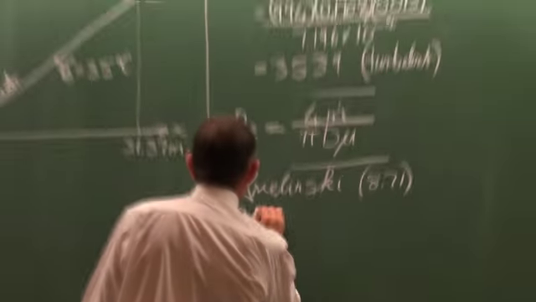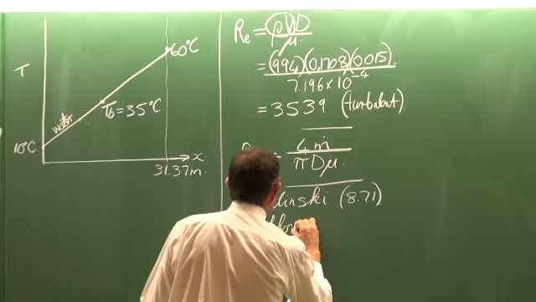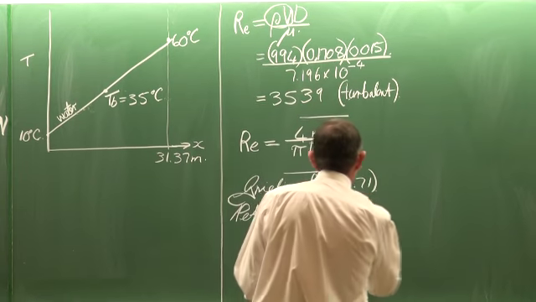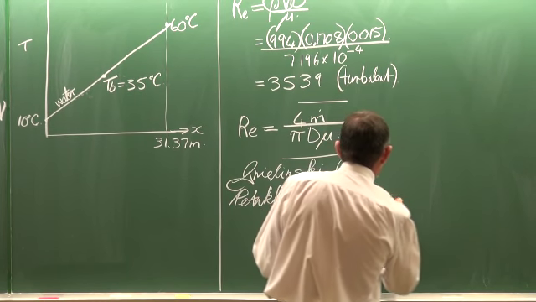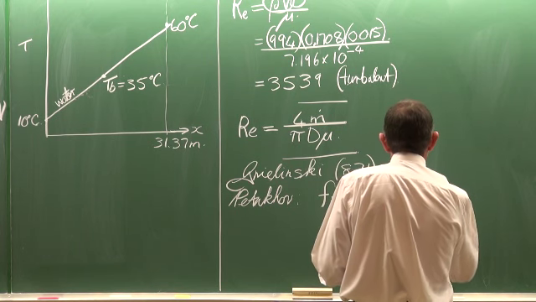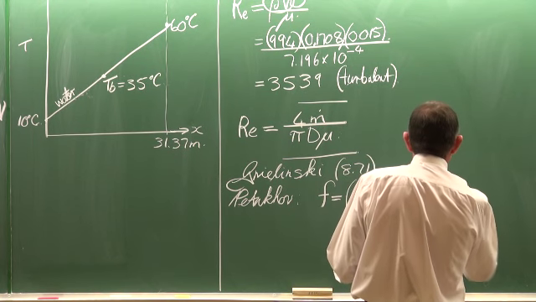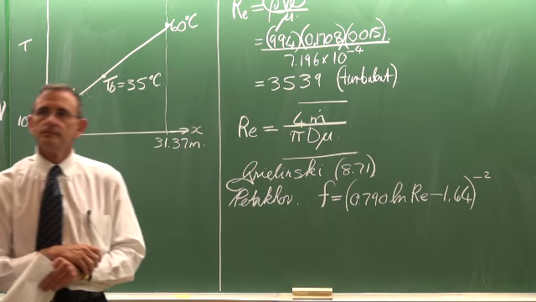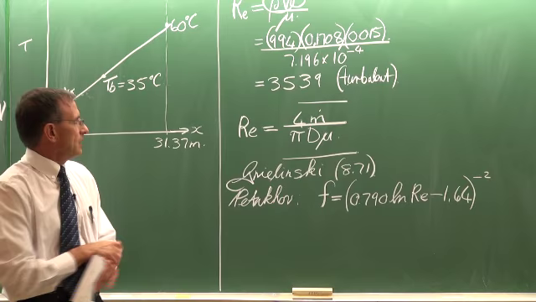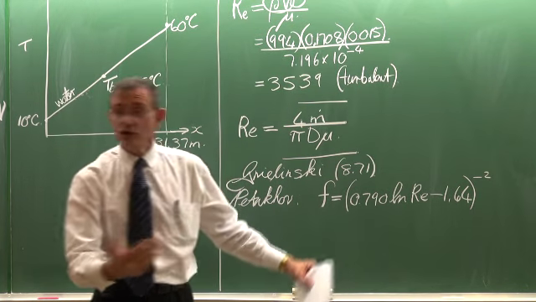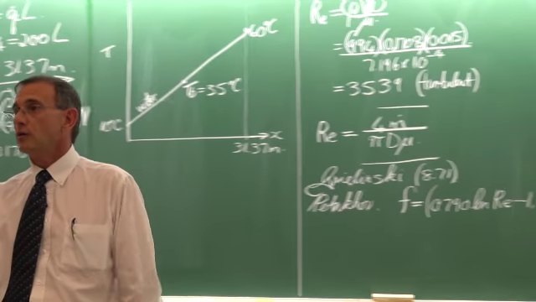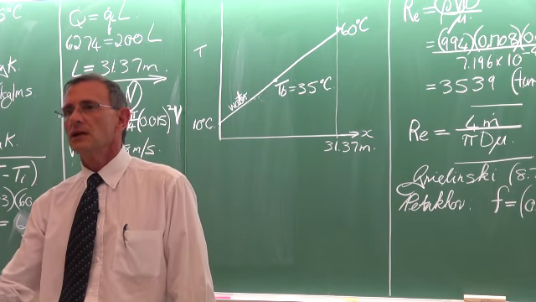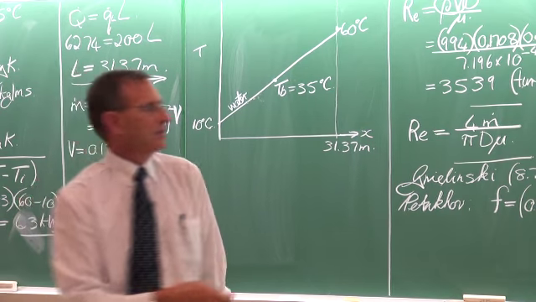So let's first use the Petukhov equation. That is the first one for the friction factor. That equation says the friction factor is equal to 0.790 multiplied by the ln of the Reynolds number minus 1.64, to the power minus 2. This is one of many equations. There are more accurate ones, some that you have to solve iteratively, some that you can solve directly.